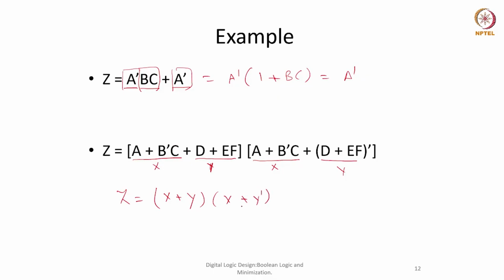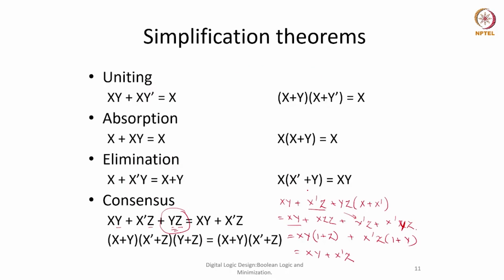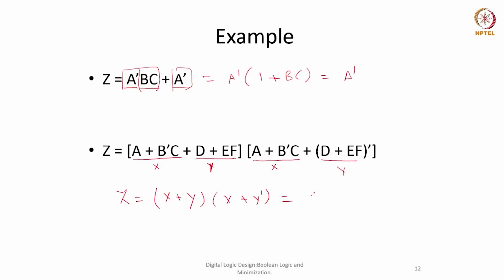So I have x plus y and x plus y dash, so this will become x, and my x is actually a plus b dash c. So this is how we can use all of these theorems to simplify.